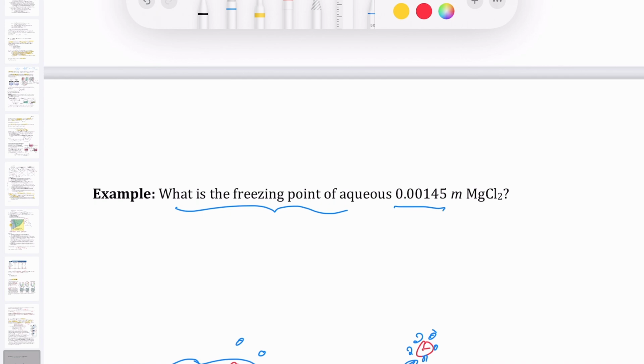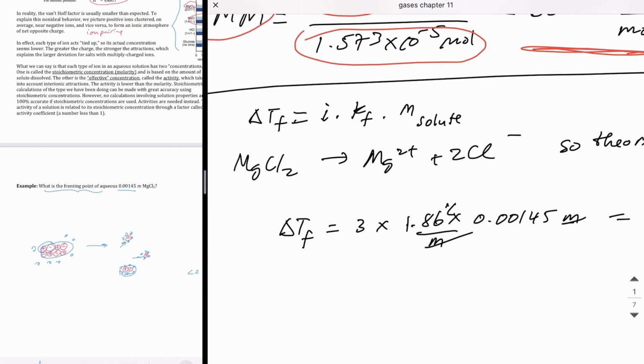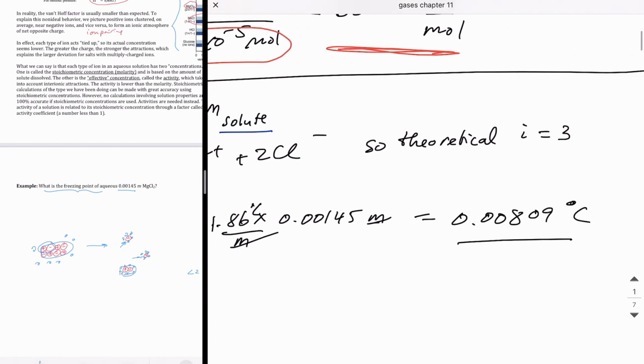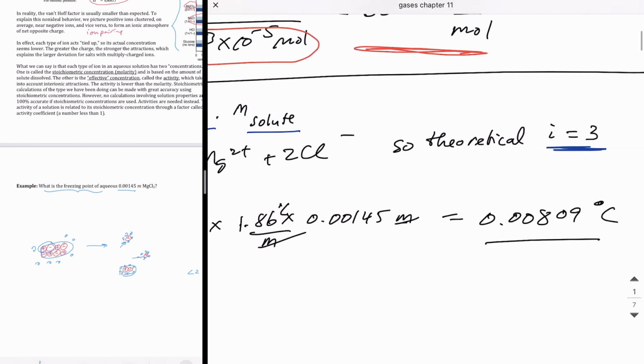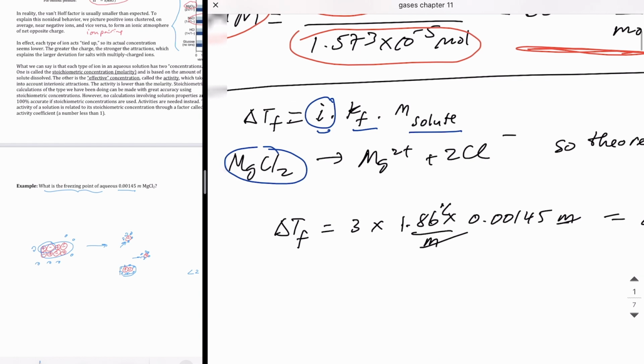So here on the right side, all we're going to do is use the formula for delta Tf, which is now added with the i. That's your van't Hoff factor, times Kf times molality of the solute. Since we're dealing with MgCl2, the theoretical i is going to be 3, and that's the number we're going to use. We don't have to remember the actual observed i for MgCl2.